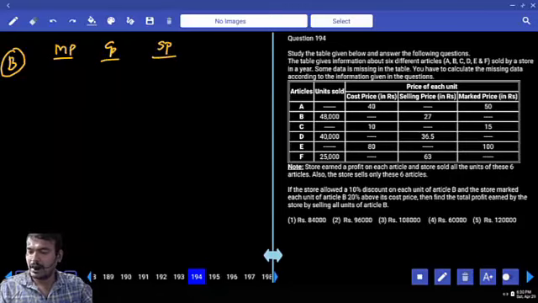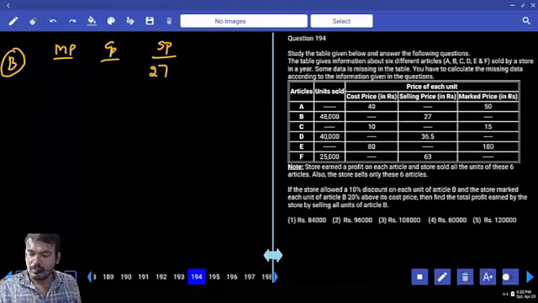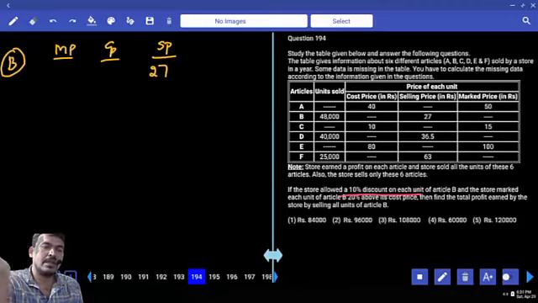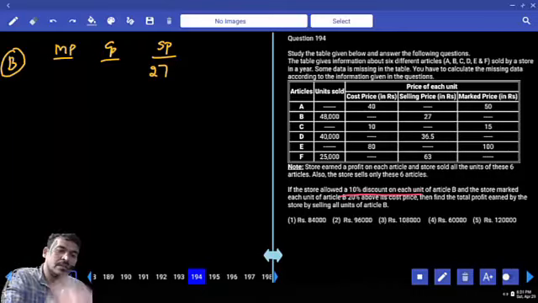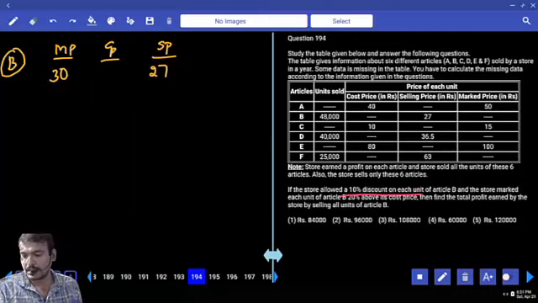And we know the article B selling price is given how many rupees? 27. What is the discount percentage offered? 10%. 10% discount means market price is 100%, selling price is 90%. What is the 90% value? 27. Then 100% value is 30, or market price is 30.